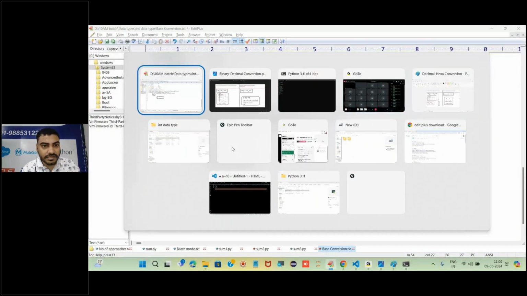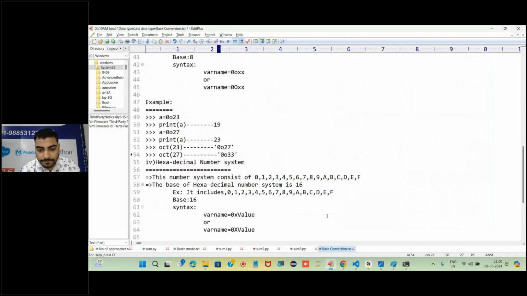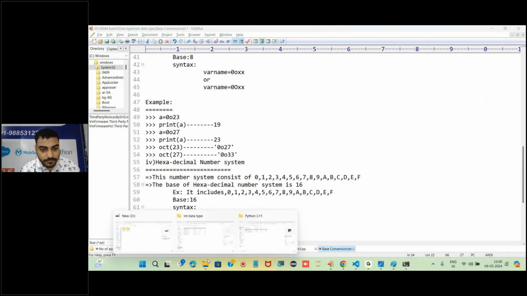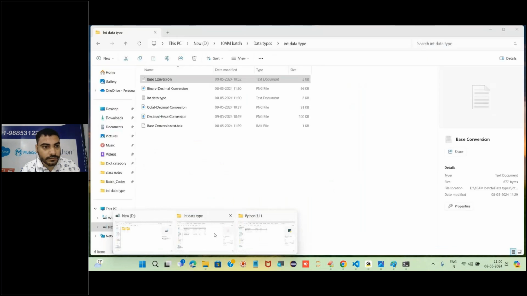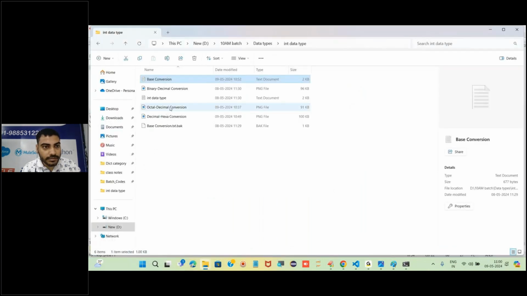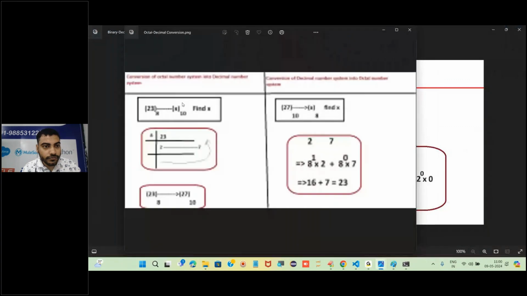Did I make any mistake here? Python octal to decimal. Conversion of 23, which is an octal number, right? And it is coming 27. Okay, fine.